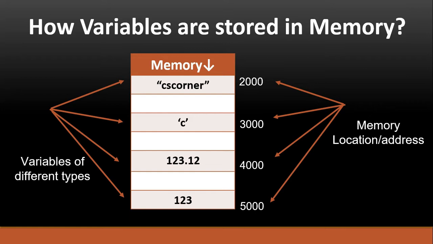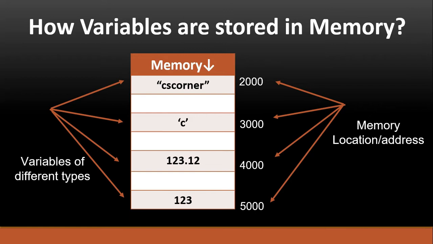To store this data, I'm going to create variables, and variables are stored in memory locations, and each memory location has a specific address. You can see in this diagram, CS Corner, which is string data, has memory address or memory location 2000.